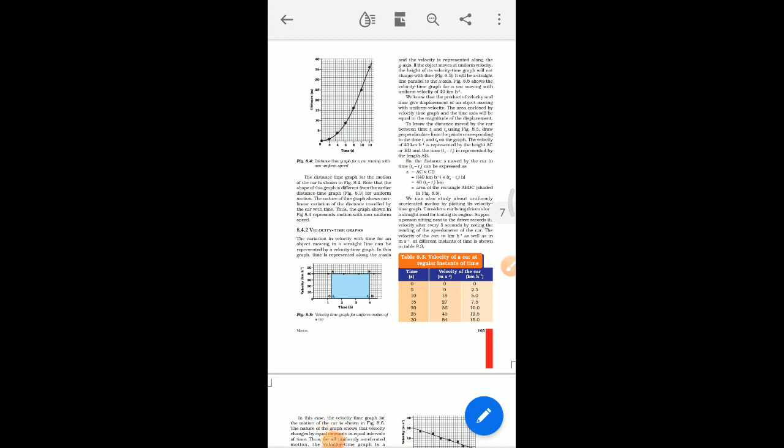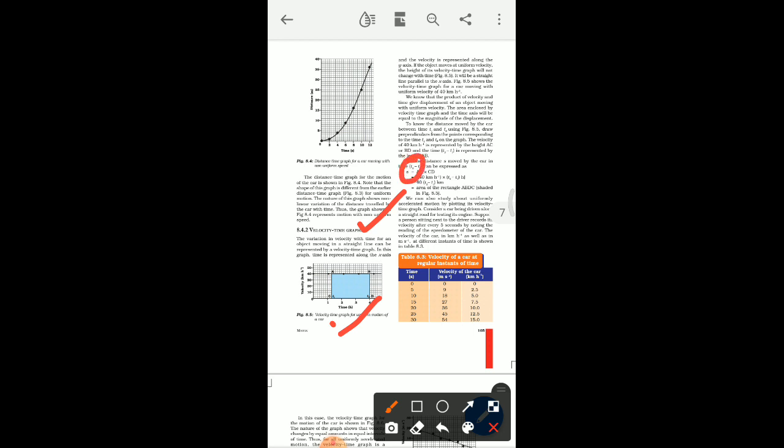Dear students, this is your book content. See here, 8.4.2 velocity-time graph. I explained this diagram in the slide, and we calculated the value of s. I also discussed this graph and this graph.